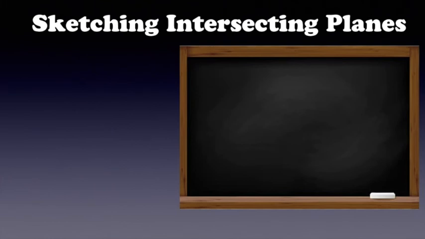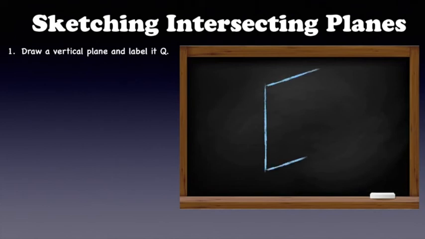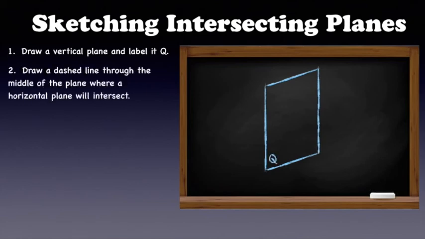Sketching intersecting planes. Step 1, draw a vertical plane and label it Q. Next, we will draw a dashed line through the middle of the plane where the horizontal plane will intersect.